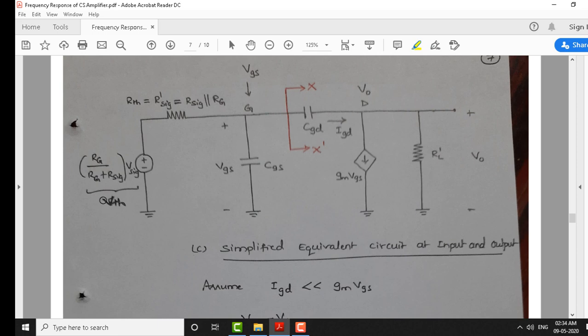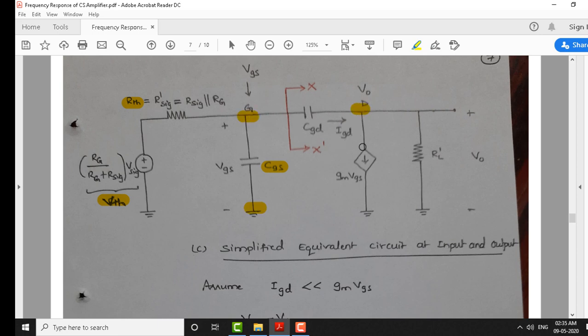So we have Thevenin's voltage source and a Thevenin resistance, R Thevenin, which is also called R dash signal, equivalent to R signal parallel with Rg. Here again the other elements remain the same. There is a capacitance CGS between gate and source, and a capacitance CGD between gate and drain.